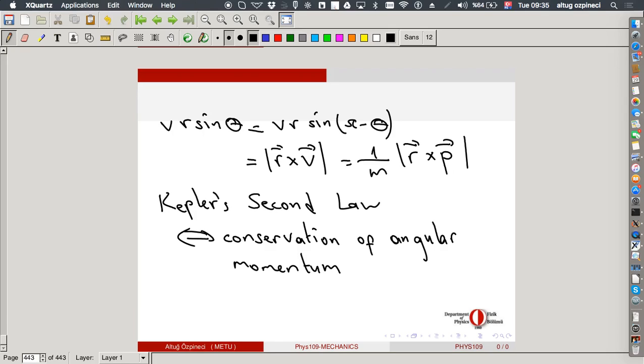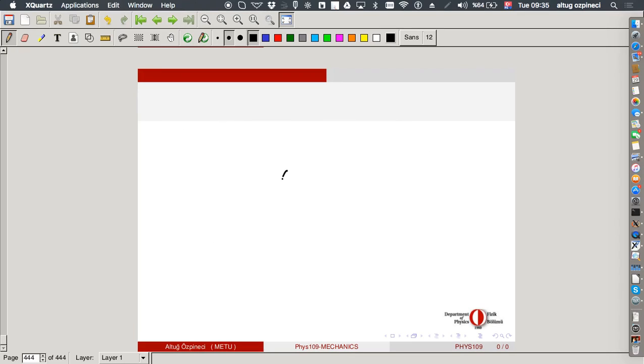So what are the conditions for the conservation of angular momentum? No external torque. Well, one thing is there is an external force. You see, this is the trajectory of the planet, and this is the sun.